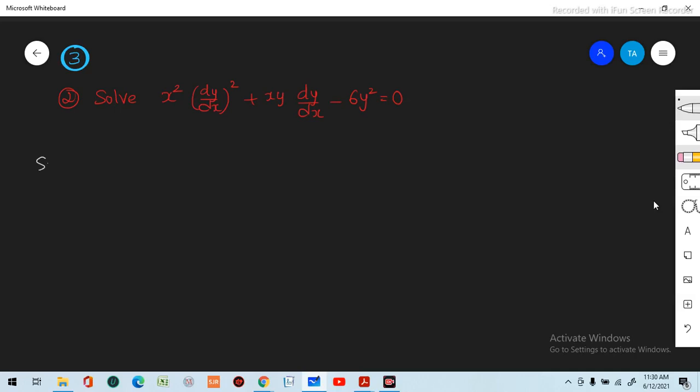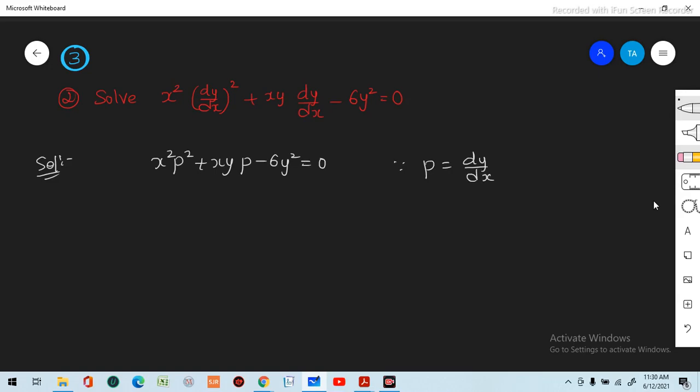You have this equation, you can rewrite like this. Why? Because p is equal to dy by dx.